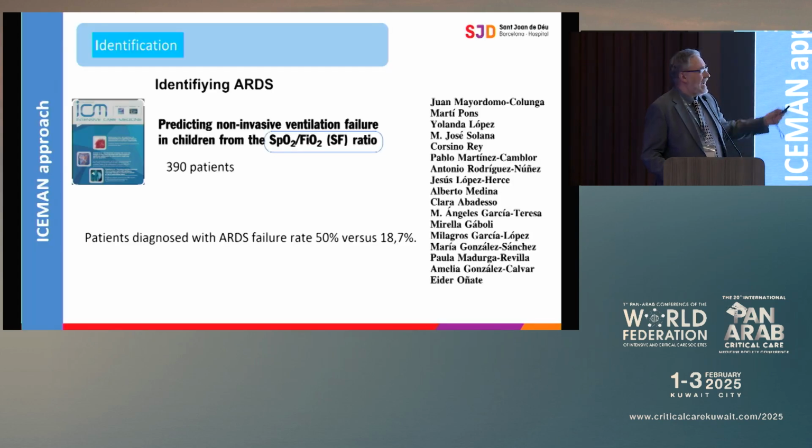We also want to identify whether our patients have ARDS or not, linking with the previous lecture. This is important because we know from the literature that the average success rate of NIV is around 80%, and in ARDS patients it is 50%. This comes from a Spanish and Portuguese study, when we started to use non-invasive monitoring, the SF ratio.